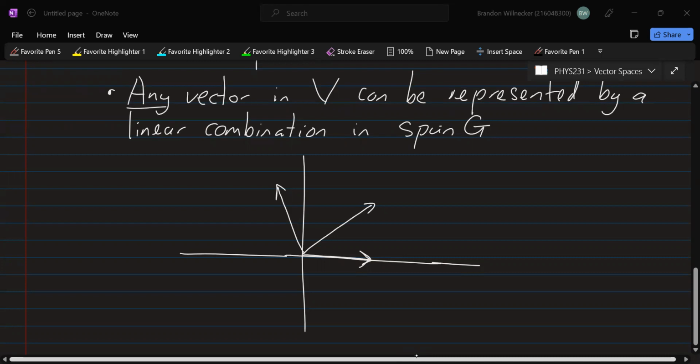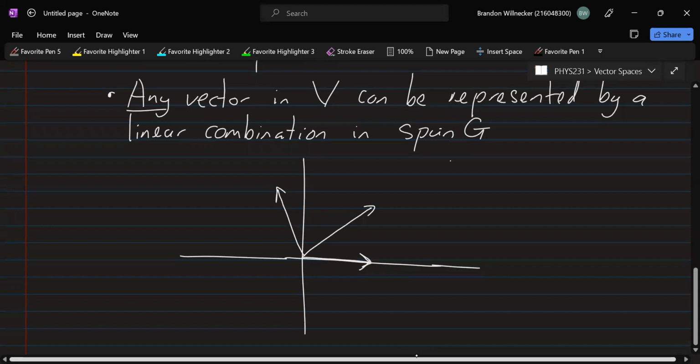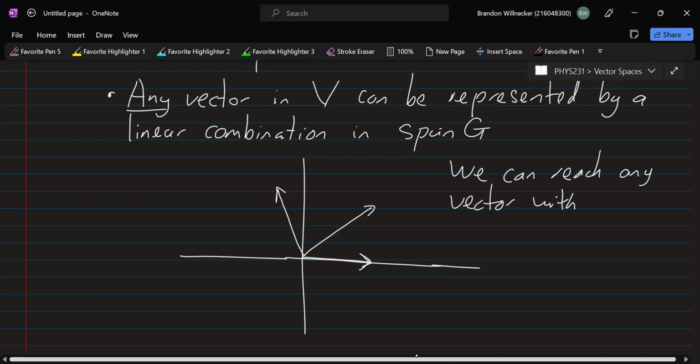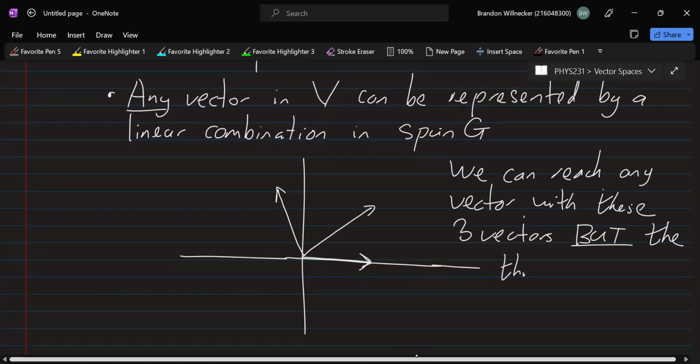Just a note here: we can reach any vector with these three, but the third one is not actually needed.